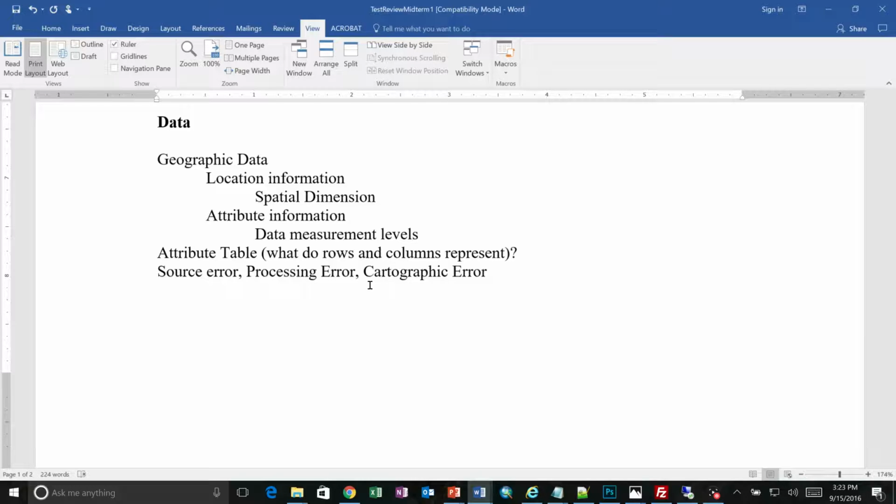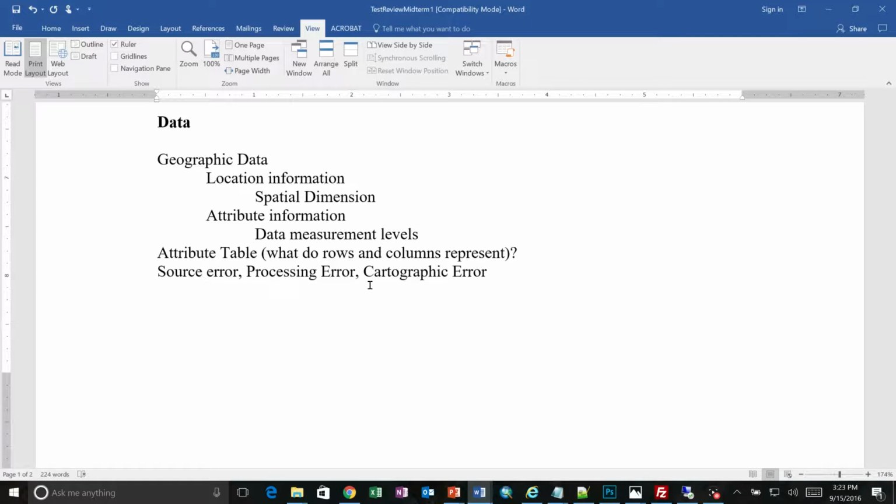Meaning that the surface can only have one value. That's why it's 2.5 dimensions, not 3. You can have three-dimensional data, but it's really not common in GIS systems as of yet. They're starting to get data that has buildings and stuff in it. It's not that common. Okay, so that's the spatial information.